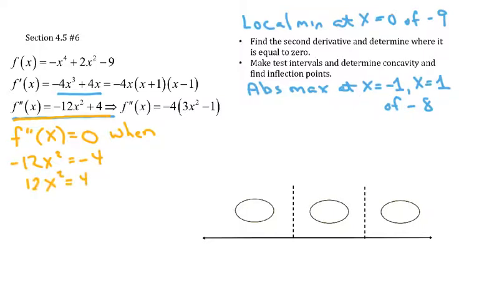Divide both sides by 12, x squared equals 4 over 12, which is 1/3. So this will be equal to 0 when x squared equals 1/3. So that means when x equals plus or minus the square root of 1/3. So these are my zeros.